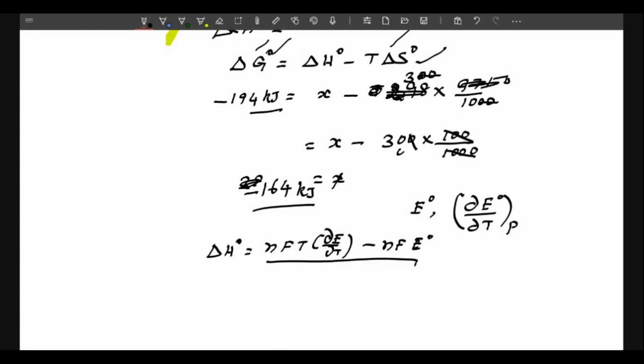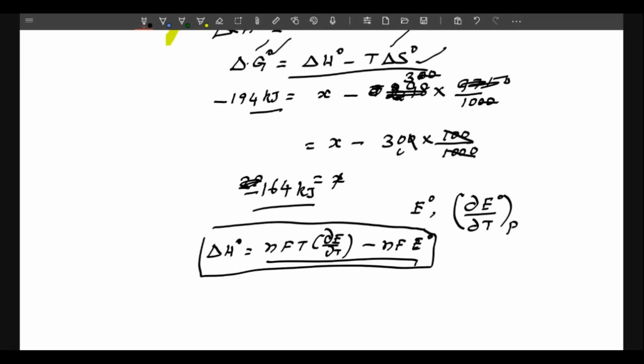In this case, you can easily calculate directly. But if you calculate delta G and delta S, you go by the other equation. Whatever method you follow, you will get the same answer.